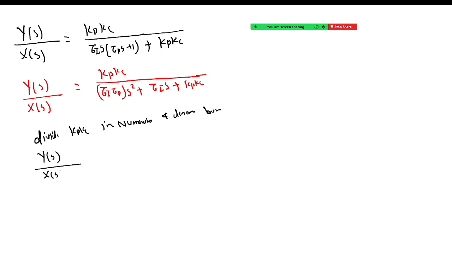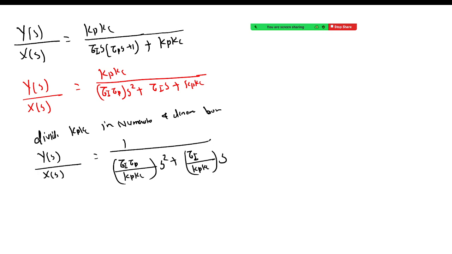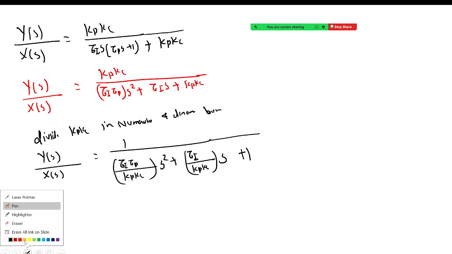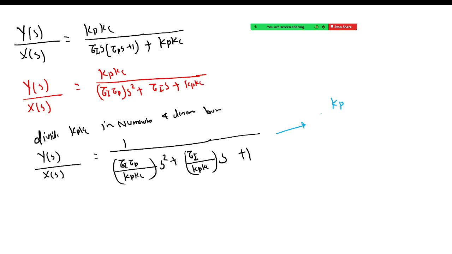Y(s) divided by X(s) is equal to 1 upon (tau I tau p divided by Kp Kc) into S square plus (tau I divided by Kp Kc) into S plus 1. Now I can compare this with the second order transfer function, Kp divided by tau square S square plus 2 zeta tau S plus 1.